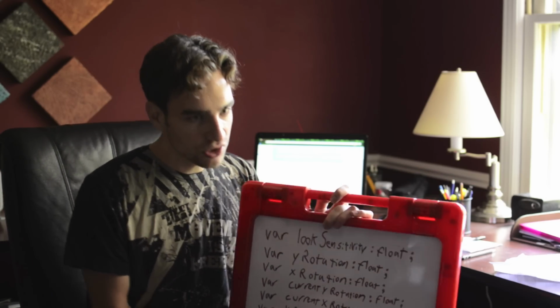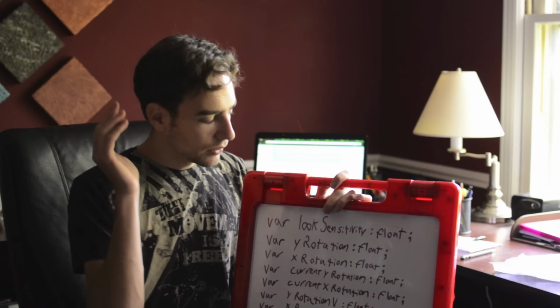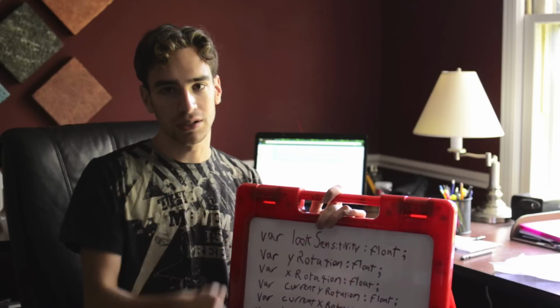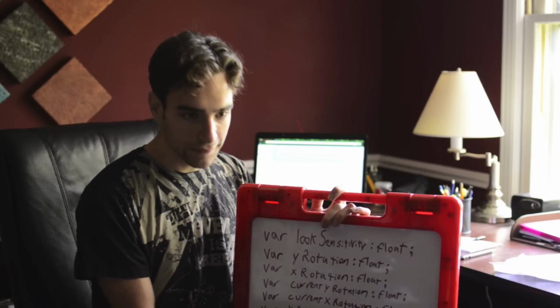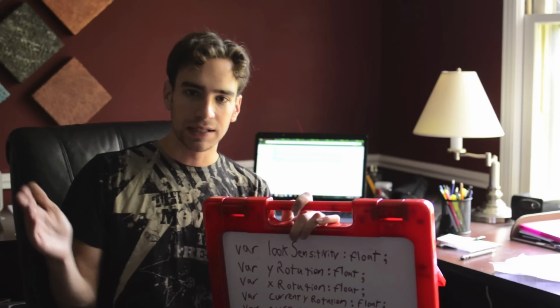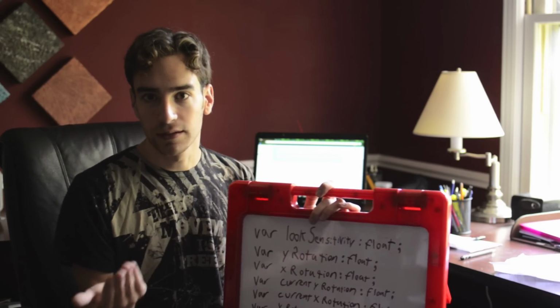If we make it a large number, it's going to look very smooth and fluid when we look around, but it's not going to be very accurate, and it's going to be hard to shoot targets very accurately. So we're going to have a predefined variable so that we can adjust that later on and find exactly what we need and get that right balance of fluid movement and accuracy.